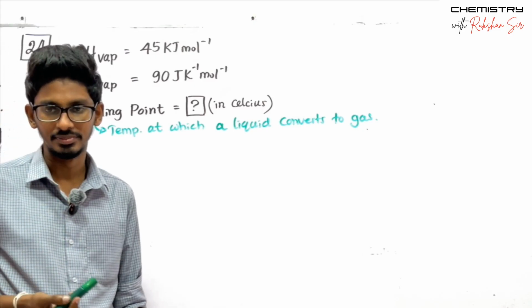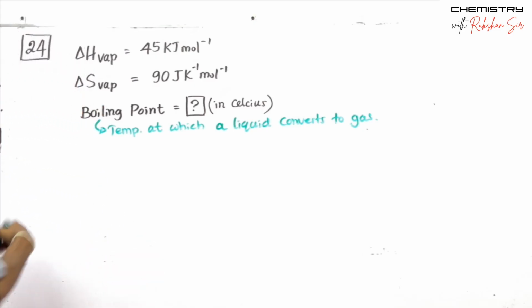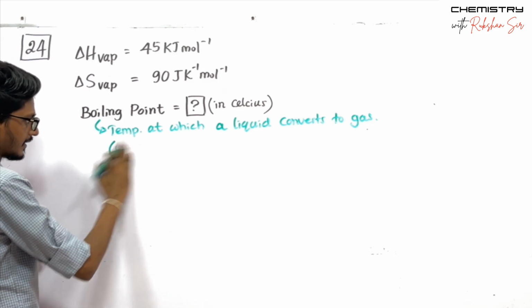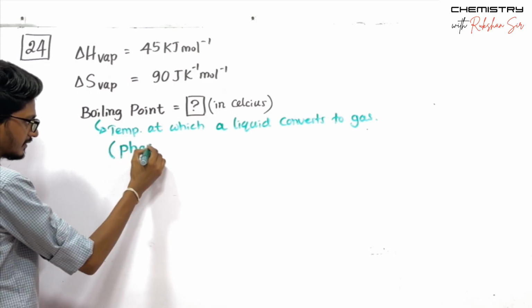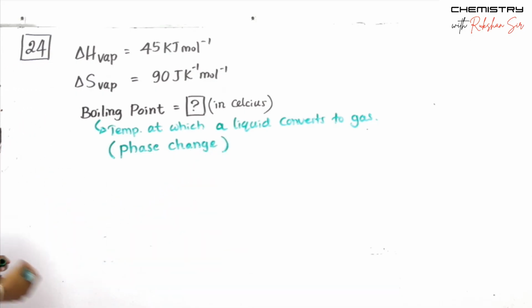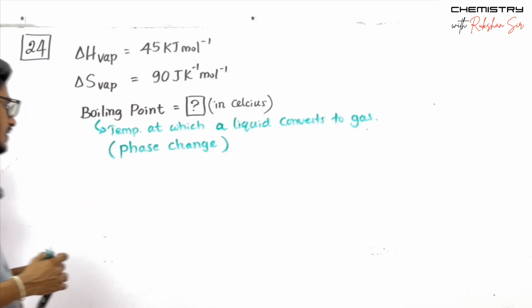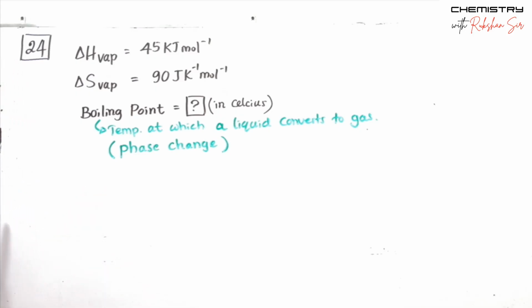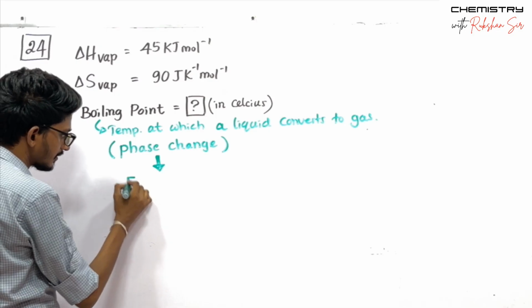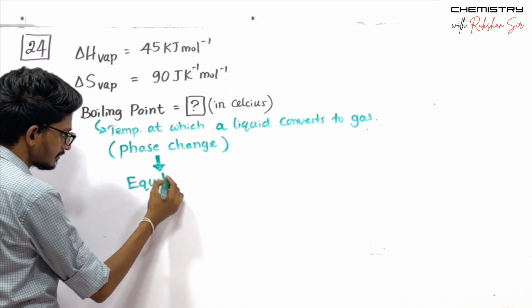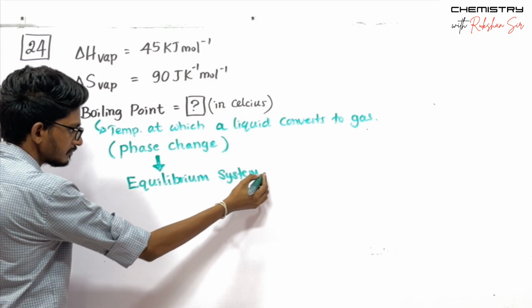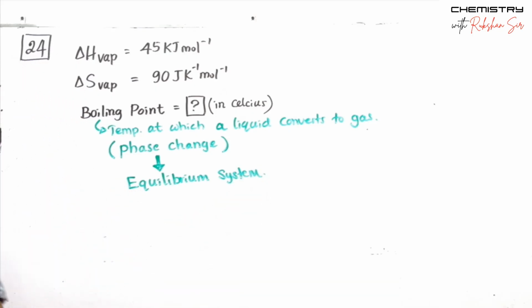So it's an equilibrium situation. This kind of phase change happens here, where the liquid phase converts into the gas phase. Phase changes represent equilibrium systems.